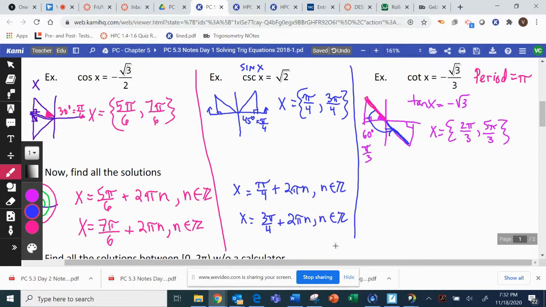So to write all the solutions, I just have to take the first answer, 2 pi over 3, and I'm only going to add on pi times n, where n is an integer, because that will give me the second answer. And if I add another pi on, I'm getting another answer. It's going to hit both of those at every single pi value. So the amount that we're adding on really has to do with what the period of that cycle is.